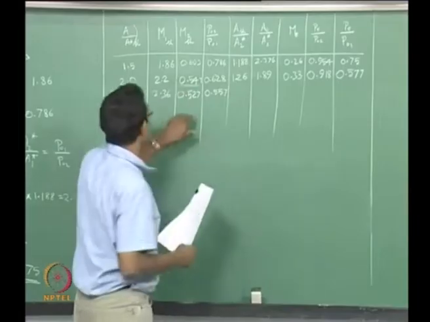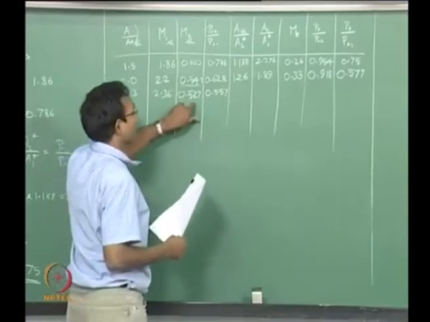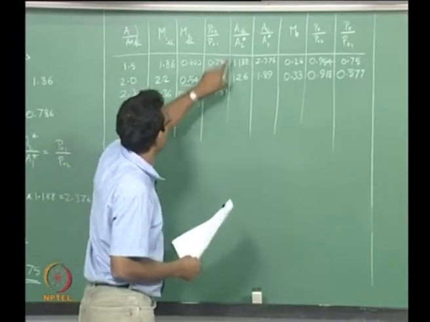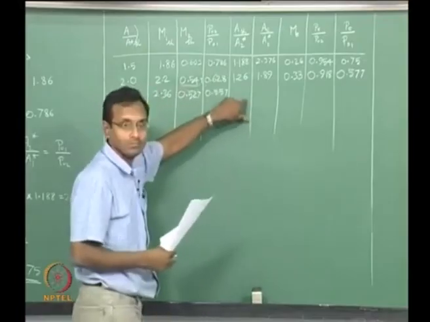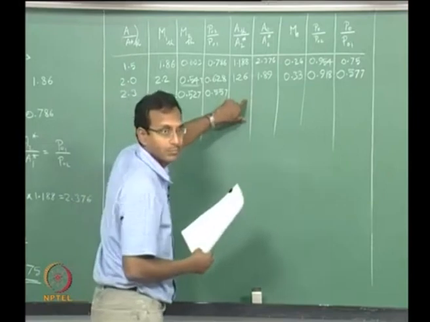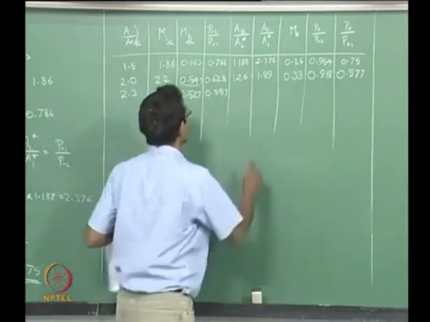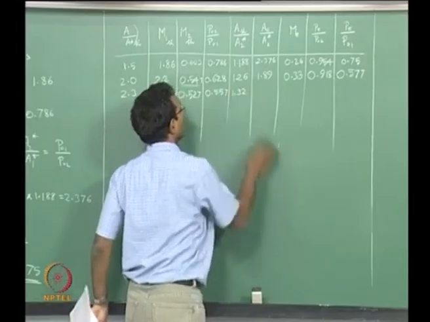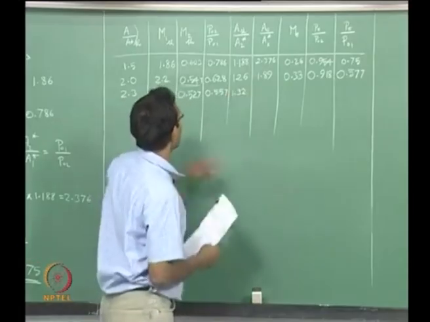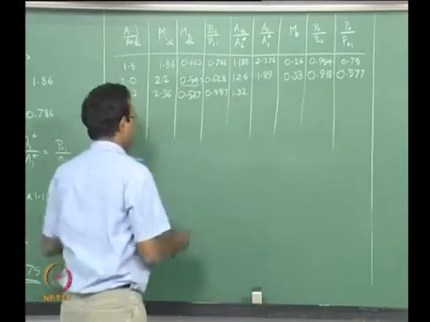Okay. With this Mach number in isentropic tables, now I want A by A star. 0.527, A by A star for that. 1.32.